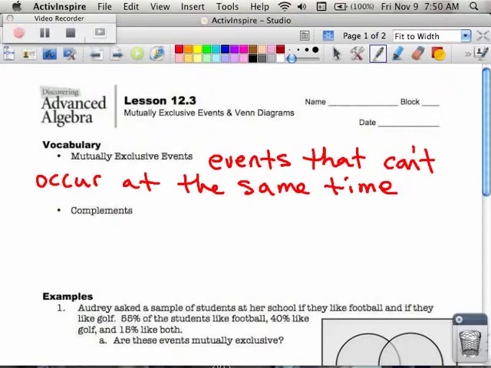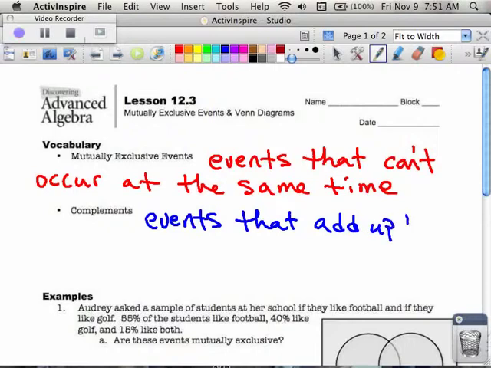Complements, on the other hand, are things that complete each other, or events for us in probability that add up to 100%, or in probability, sometimes we talk about adding up to 1, like the decimals that we talked about yesterday.